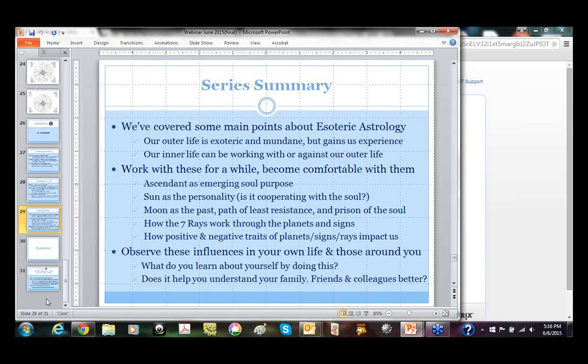I could see that when I was teaching, I was far more fiery and enthusiastic than when it was in Scorpio. So that sixth ray energy, which is not part of my makeup normally, impacted me as an individual. It's now become my mode of expression because I've been living it for 29 years, right? So it's important to observe all these influences in our life and even those around us.